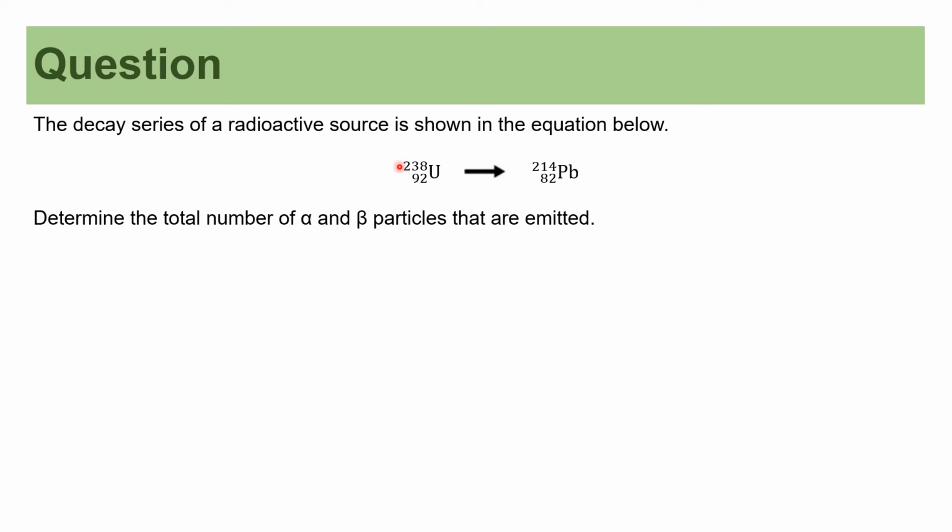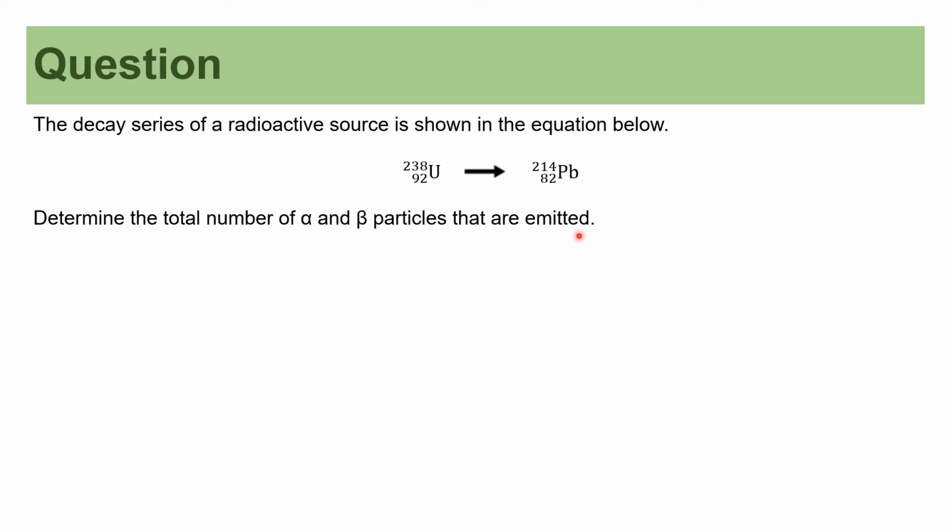As you can see, uranium-238, after undergoing a decay process, becomes lead-214. So now we are asked to determine the total number of alpha and beta particles that are emitted from this decay process.